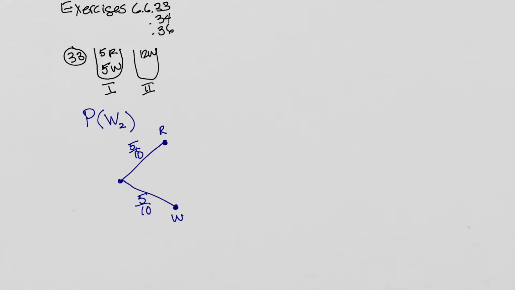Now, you take that ball and you put it into urn 2. So in urn 2, we could get a red or a white. Now, let's think carefully about this. What's the probability of getting a red? Well, we got a red on the first, and here's the experiment.